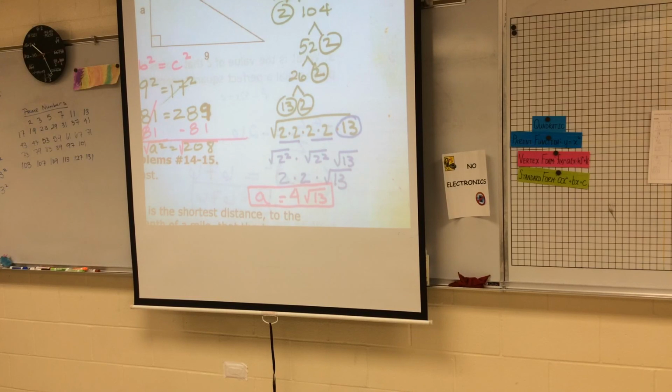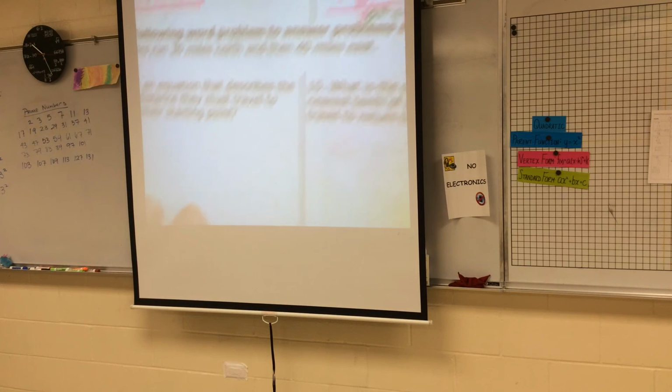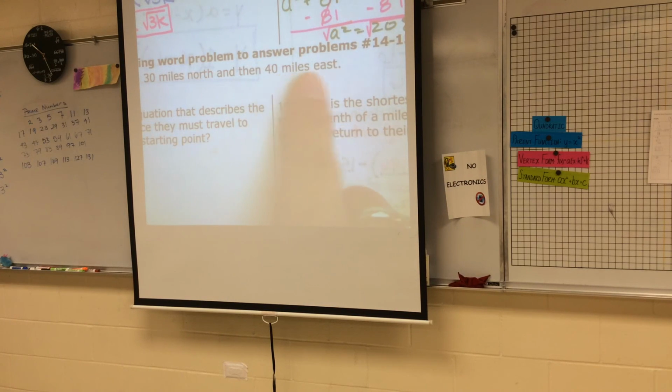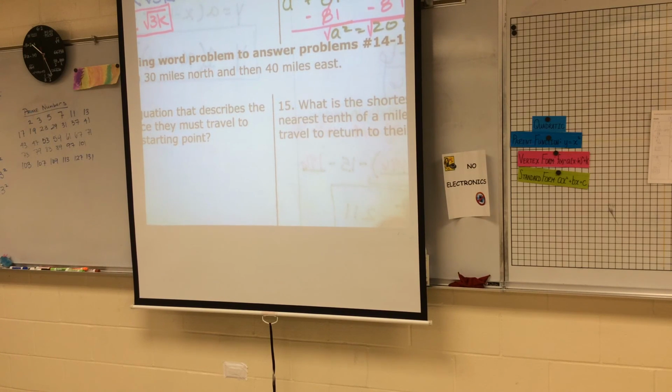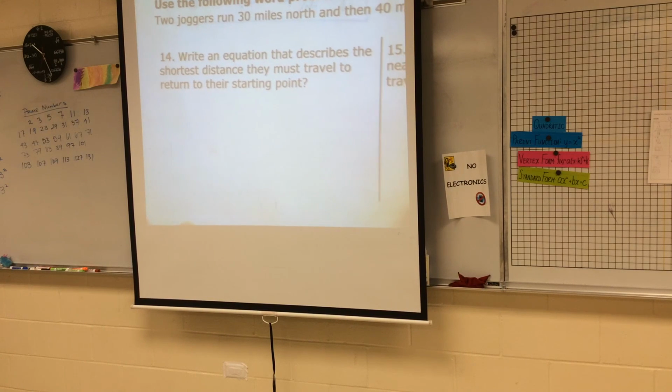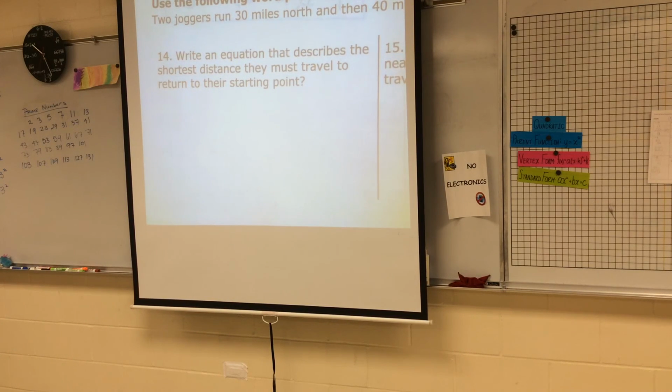All right, so my word problem says 2 joggers run 30 miles north and then 40 miles east. I see how ridiculous that is. That's a long way to run. So we're going to assume that they're super marathon runners. All right, so number 14 says, write an equation that describes the shortest distance they must travel to return to their starting point.